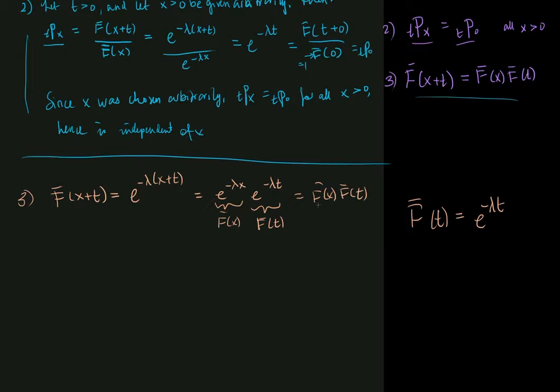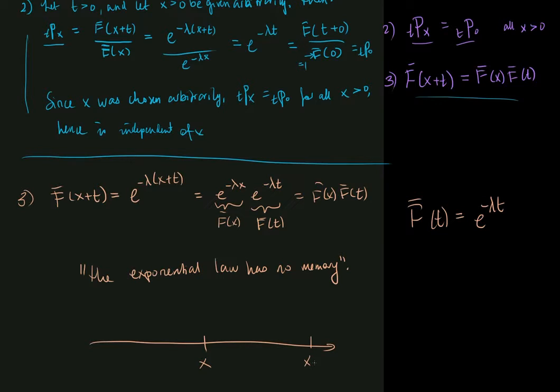So let's just round off with a simple interpretation of this. This means that the exponential law has no memory. And what do I mean by that? What we see here is the probability of a newborn surviving the next x plus t years. So if I have a timeline, I have 0 here, x here, and then x plus t here.